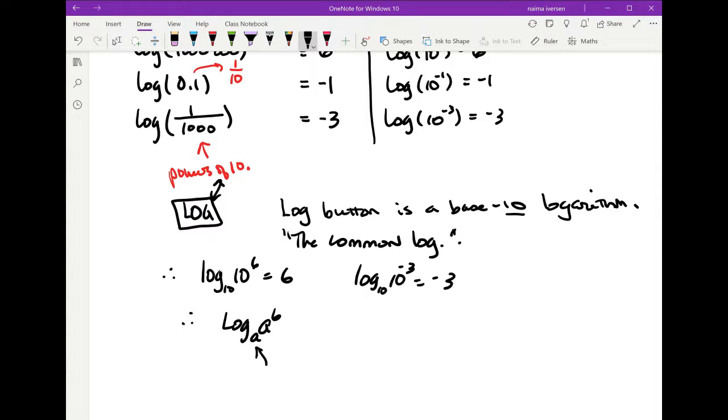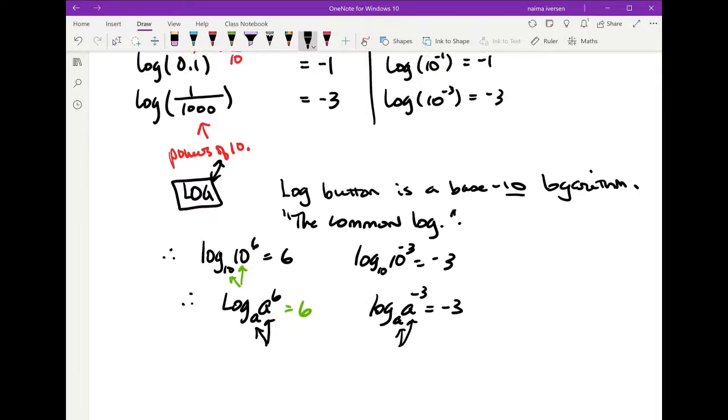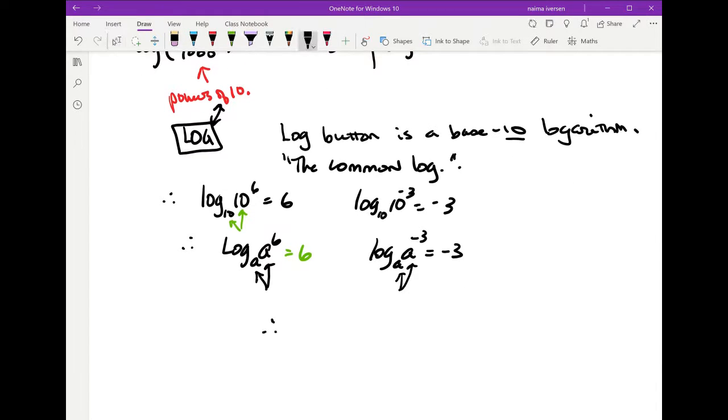As long as these bases are matching, just like these guys up here are matching, out pops the 6. And as long as the bases are matching, logs are exponents. And so what we get is log base a of a to the x. Logs are exponents.